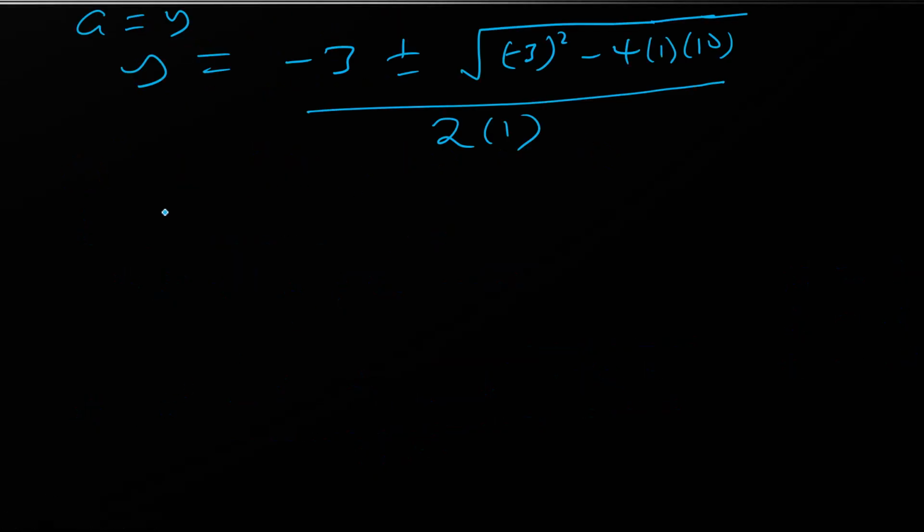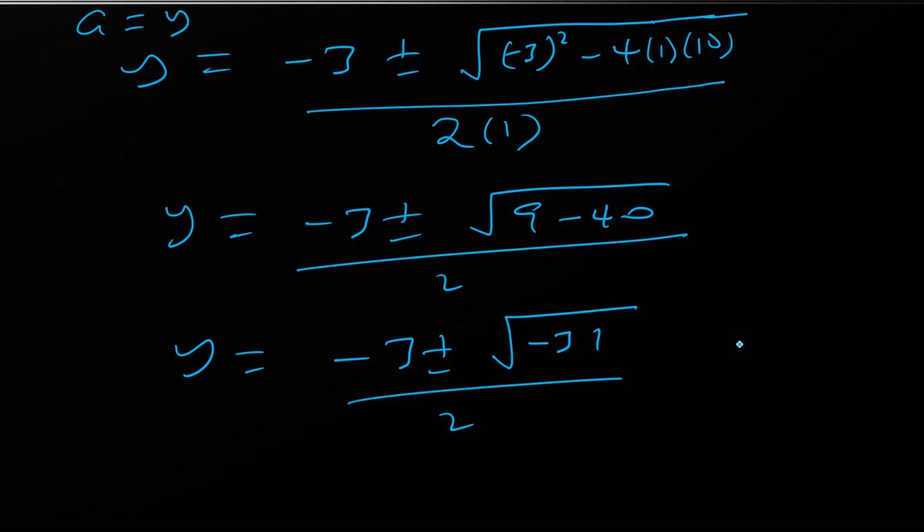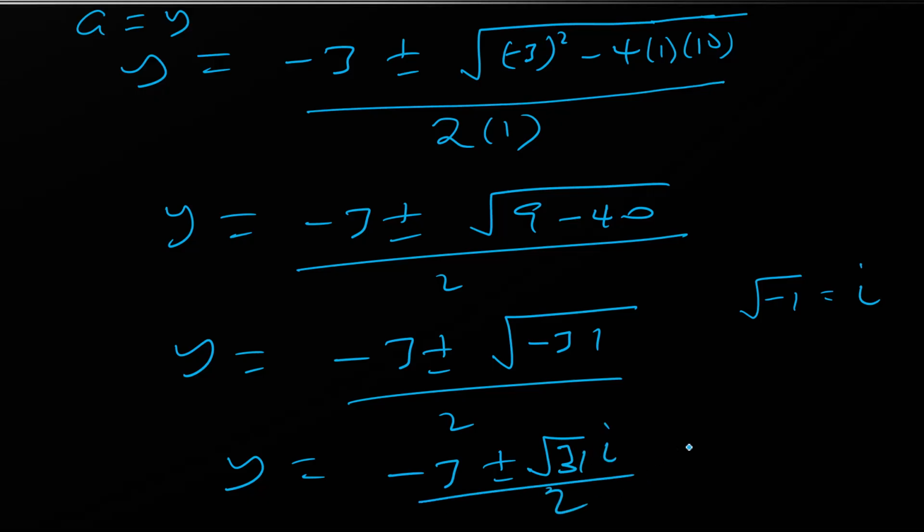So minus 3 plus or minus the square root of 9 minus 40 over 2. So minus 3 plus or minus square root of minus 31. So this one will be complex because square root of minus 1 is i. So that will be minus 3 plus or minus square root of 31 i over 2. So this one is complex.